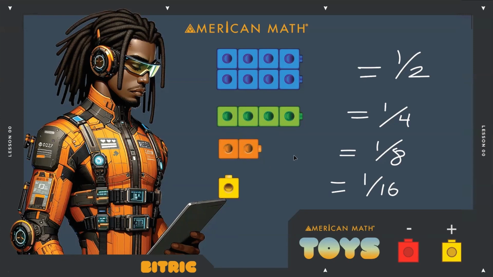So these are called bits. You have 1 bit equals a finger, 2 bits equals, you tell me.